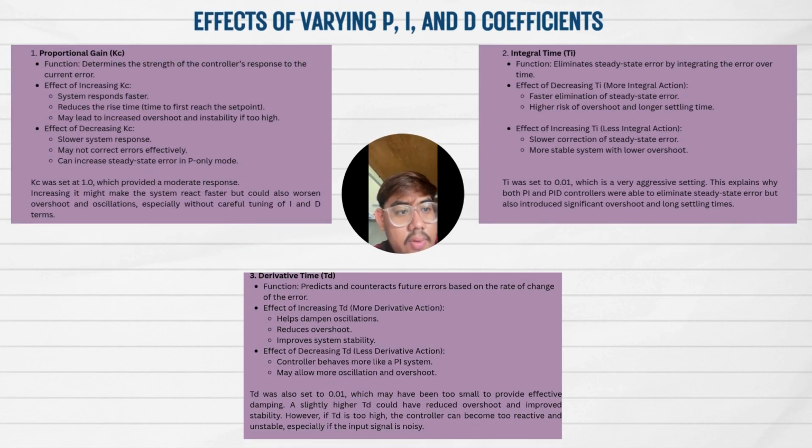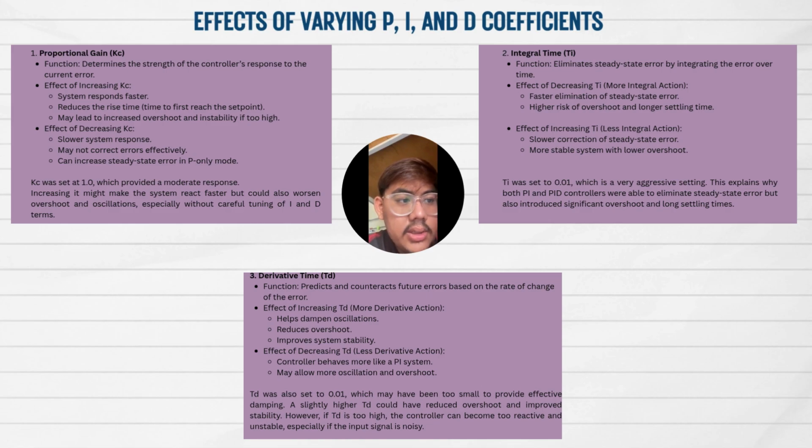So next, effect of varying P, I and D coefficients. For the first one, proportional gain, that is Kc. Its function is to determine the strength of the controller response to the current error.